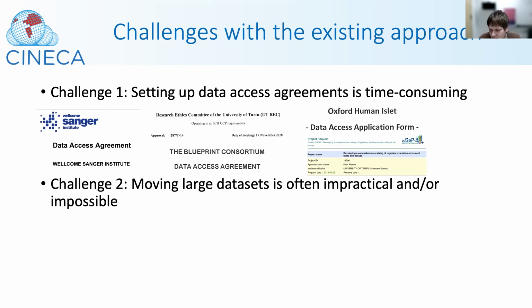And the second challenge is moving large data sets is often either impractical or completely impossible. So for example, we did download the full GTEx dataset from dbGaP, and it took us around 2.5 months to download all of the around 100 terabytes of raw RNA sequencing data.